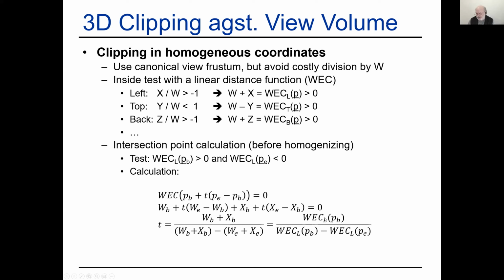If you just replace the window edge coordinates with the function as we defined it, you do exactly the same algorithms. And since we're not doing this division, we can do it in homogeneous coordinates, and we can eliminate geometry before we do the division by w. Again, divisions are expensive in hardware.